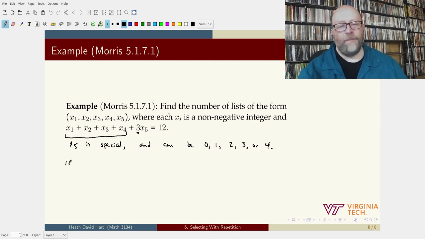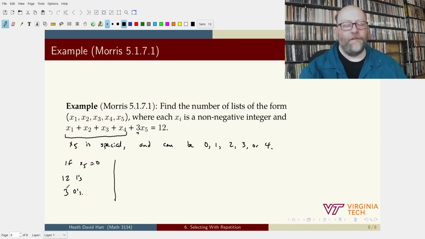So if x5 is 0, then we would need 12 ones and 3 zeros to transition between x1 and x4. Okay. x5 is fixed at 0. We're just transitioning from x1 to x4. And so that would be 15 choose 3.